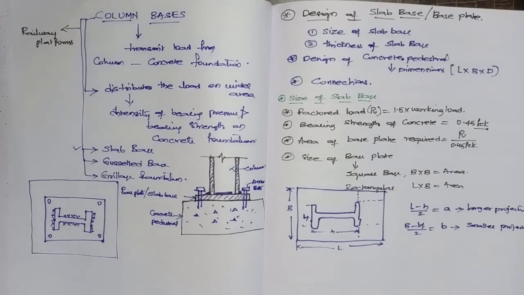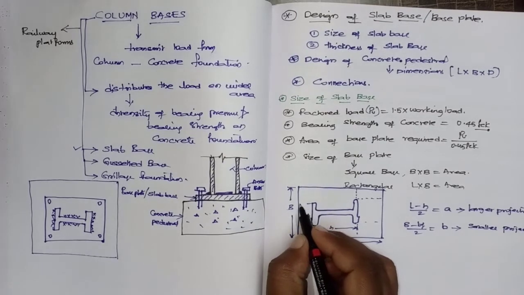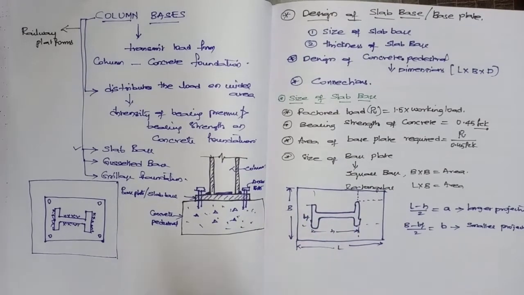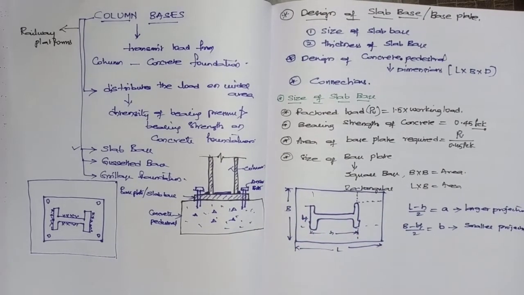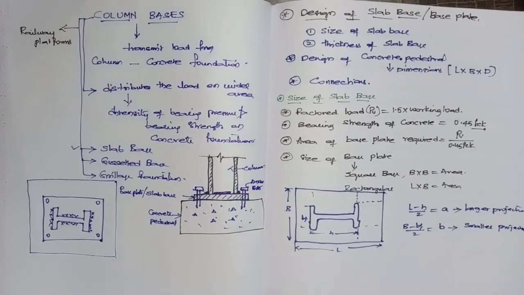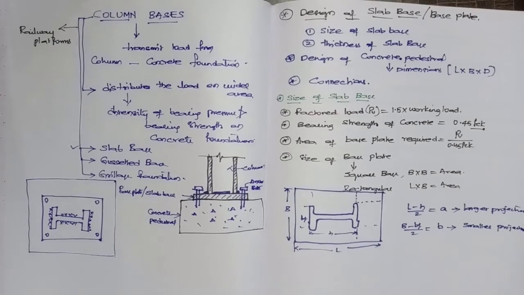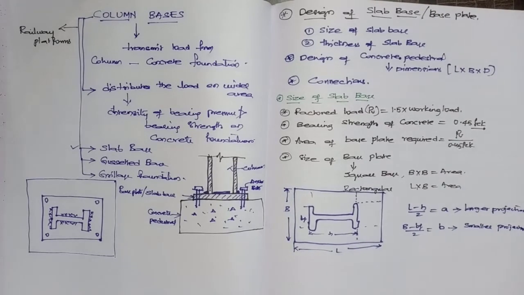In general, always try to keep these projections equal, A and B should be equal, right?